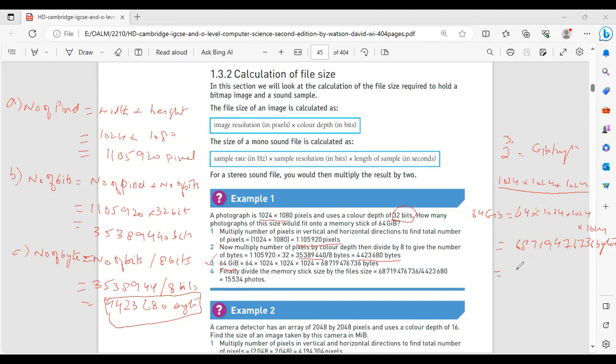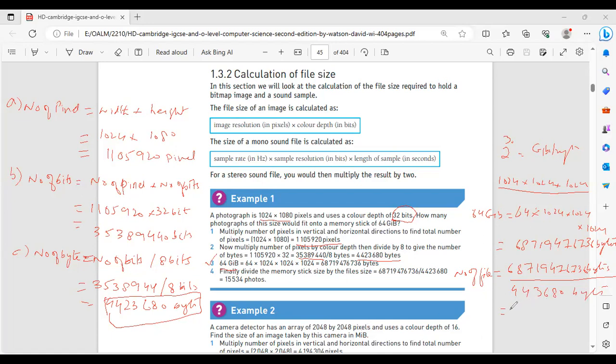So to get the number of files, we write again 68719476736 bytes in 64 GB divided by one file size, 44236 bytes. So total bytes divided by the file size gives the number of files.